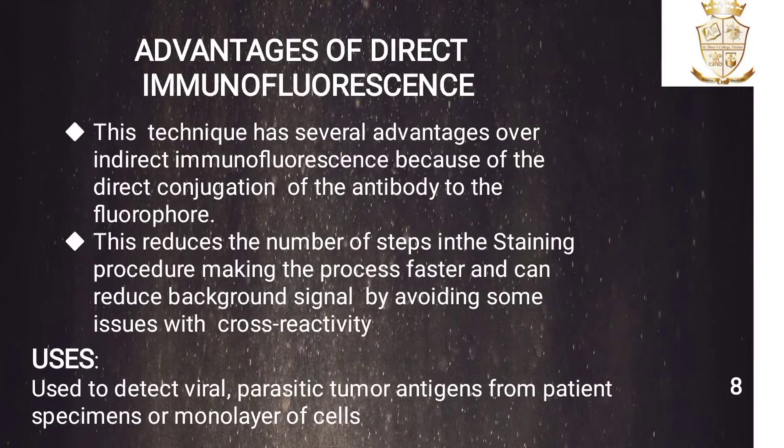Then advantages of direct immunofluorescence. This technique has several advantages over indirect immunofluorescence because of the direct conjugation of the antibody to the fluorophore. This reduces the number of steps in the staining procedure, making the process faster, and can reduce background signal by avoiding some issues with cross-reactivity.